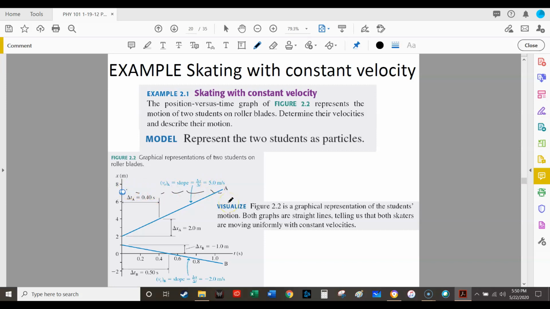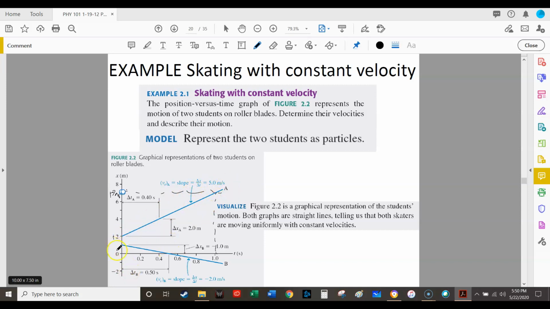So at the 1 second mark, they're ending at a position at positive 7 meters. So they start out at positive 2 meters, they end at a positive 7 meters over the period of 1 second. So that's a displacement of positive 5 meters in the period of 1 second. So their slope of their line is positive 5 meters over the period of 1 second. Okay.